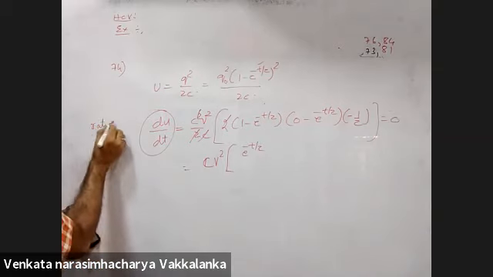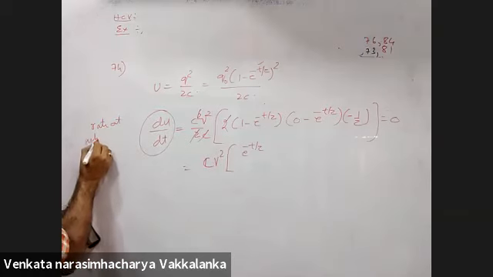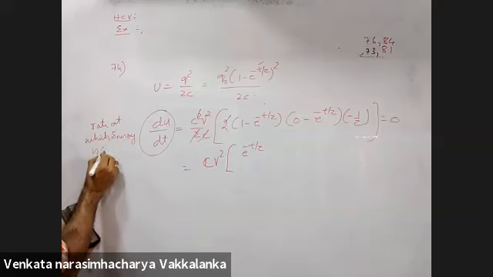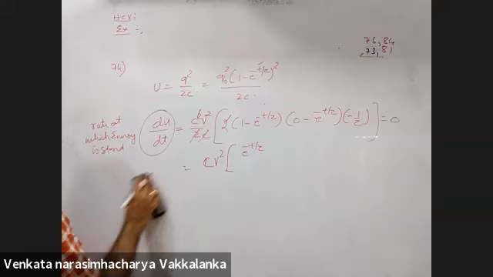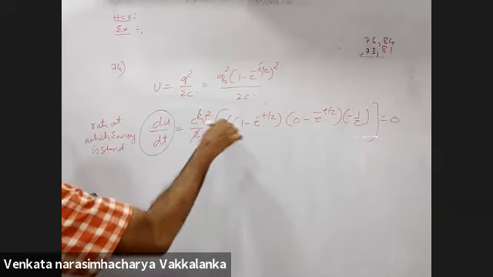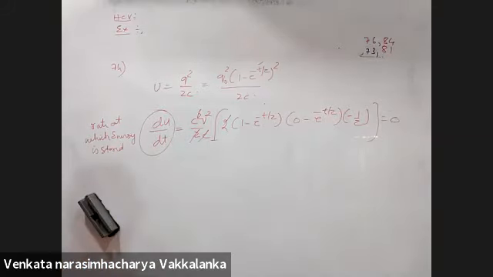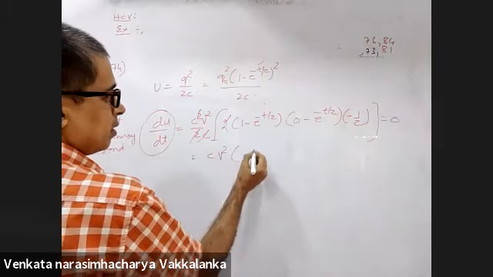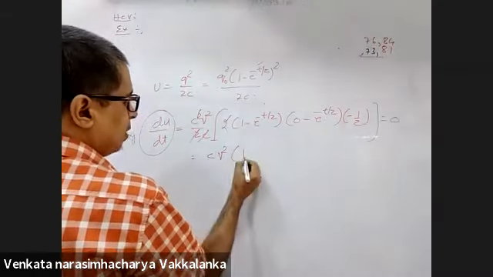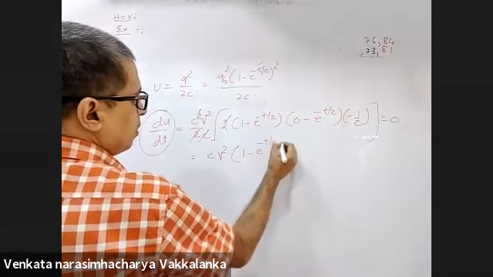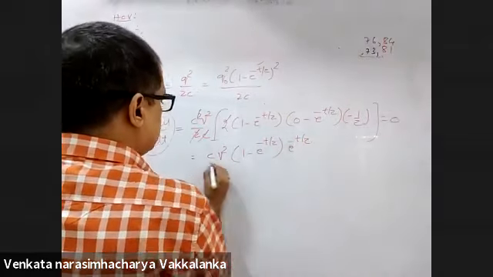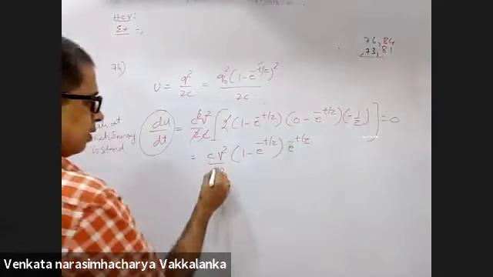This is the rate at which energy is stored. Then you will have to differentiate this once again. This is CV square. Negative will become positive. 1 minus e to the power minus t by tau into e raised to minus t by tau by CR.